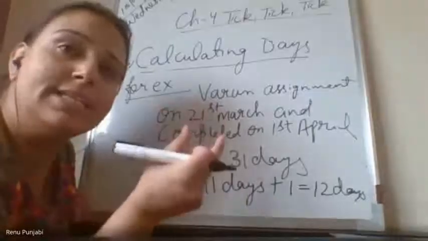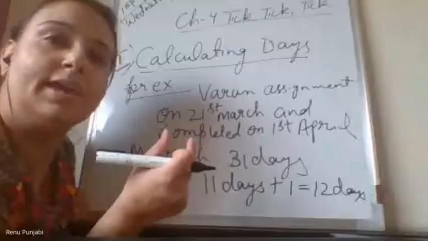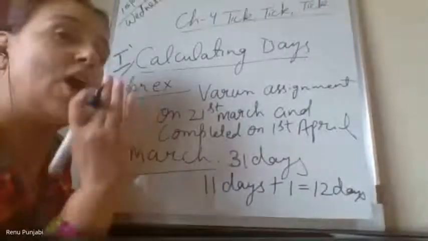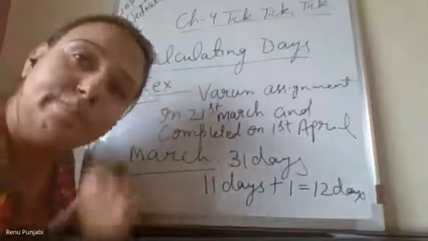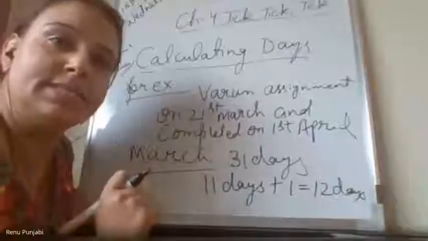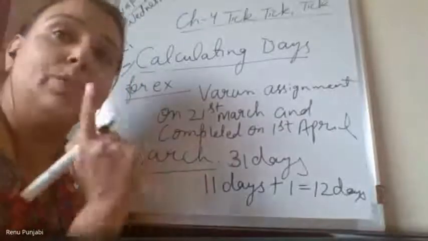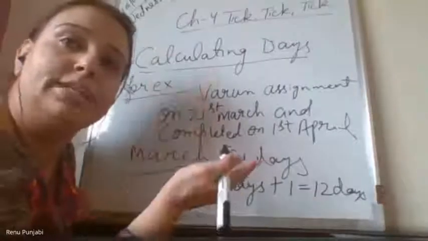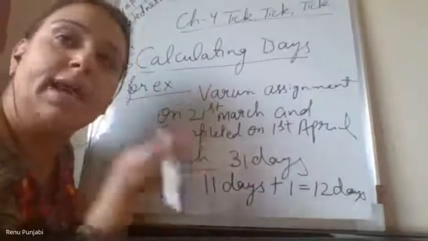We will count the number of days in between. Here the word between is not used. Here they are asking how many days the project has taken to complete. Can you see the difference? Yes. When the word between is written, then we will only count the number of days between, not the end days.